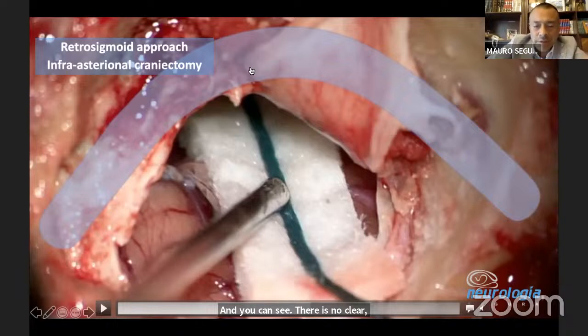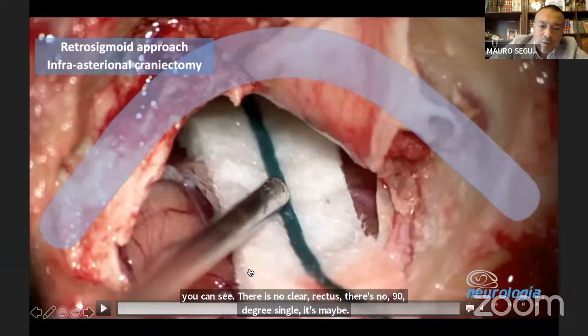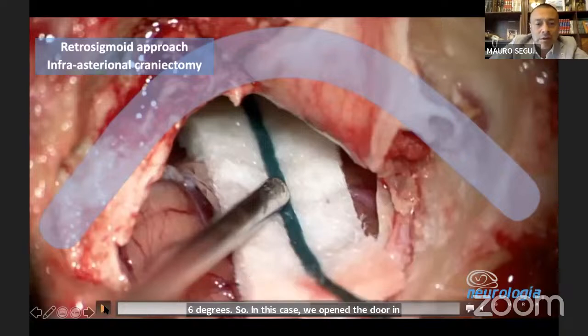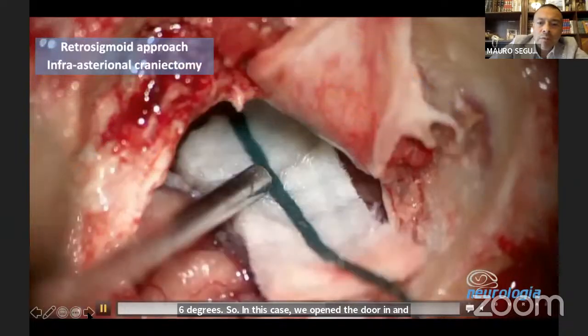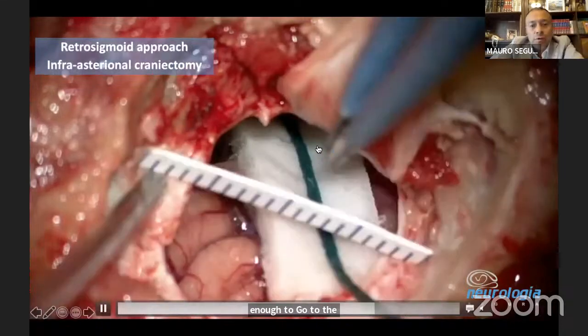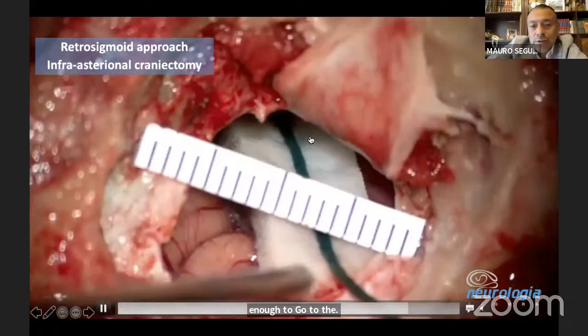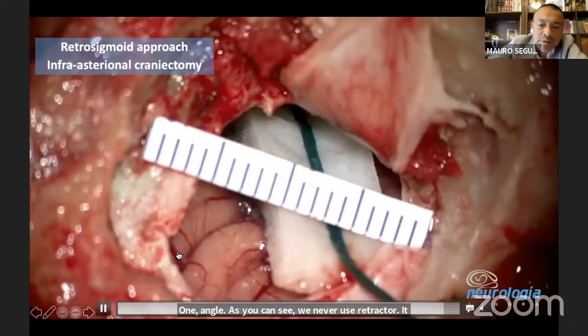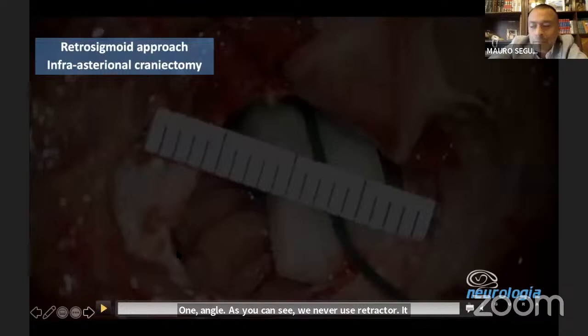It's maybe 60 degrees. So in this case, we open the dura in a star shape, like we showed. And that small space is enough to reach the pontocerebellar angle. As you can see, we never use a retractor. It's not necessary in this position, only with the liquid drainage.